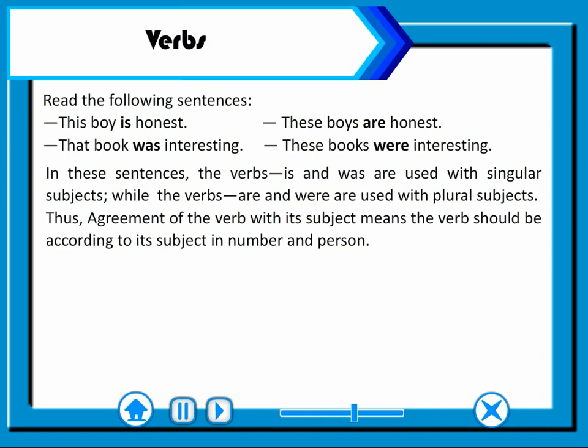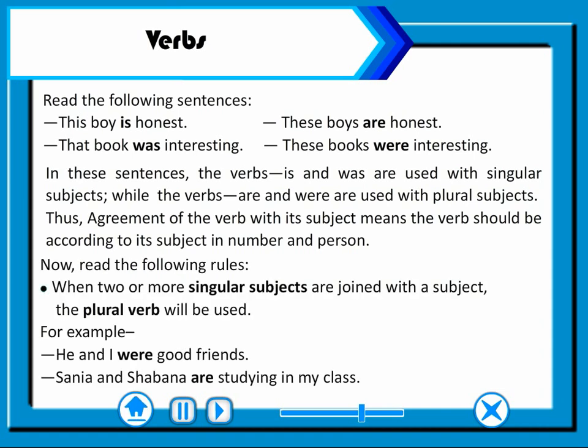That book was interesting. These books were interesting. In these sentences, the verbs is and was are used with singular subjects, while the verbs are and were are used with plural subjects. Thus, agreement of the verb with its subject means the verb should be according to its subject in number and person. Now read the following rules.